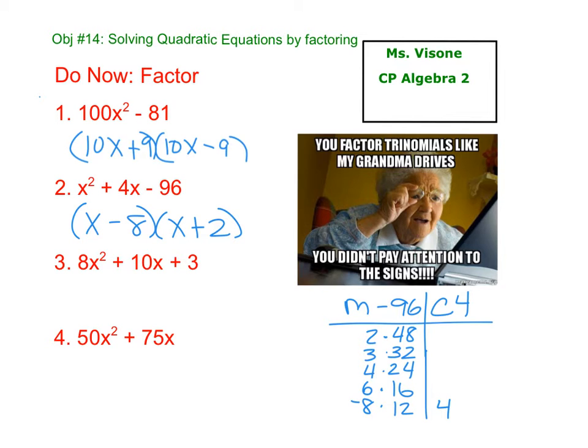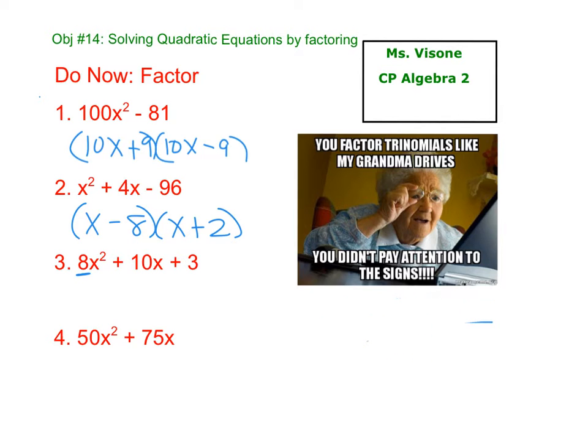The next one's a slide because it looks like number 2, but there's a number in front, and we can't divide by it, right? So we are going to multiply. It's a multiply combine, but there's a little bit more work to it. We're going to multiply to 24 combined to 10. Remember, we take the 8 and the 3 and we multiply them together. So what multiplies to 24 and combines to 10? 4 and 6. So we write 8x and 8x.